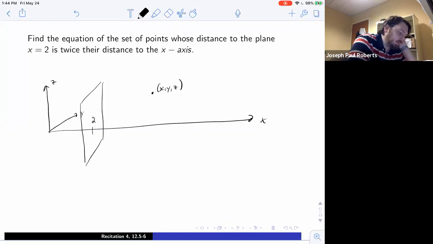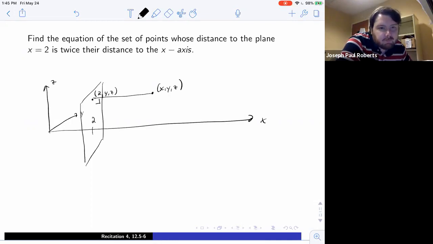Okay, so what's the distance from xyz to the plane x equals 2? I claim it's going to be the distance to the point 2, y, z. To go directly to the left and live on the plane x equals 2, that's the closest you're going to get. By changing y or z or both, you're going to be further away.